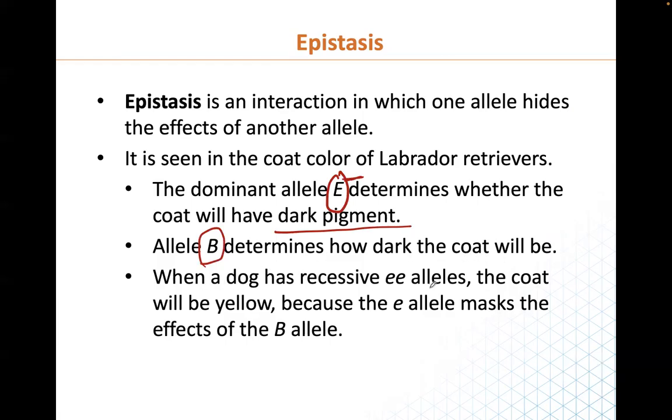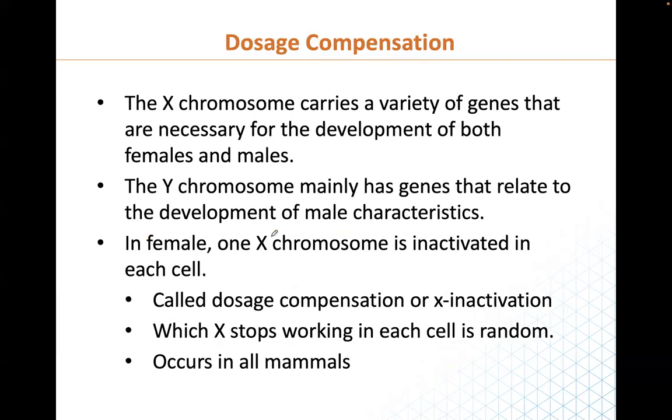When the dog has a recessive ee, the coat will be yellow because the ee allele masks the effect of the B. So the meaning is if ee is not there, then the coat will be darker. But if this is there, it's going to mask the effect of the B. It becomes yellowish in color. So this is what we mean by epistasis.